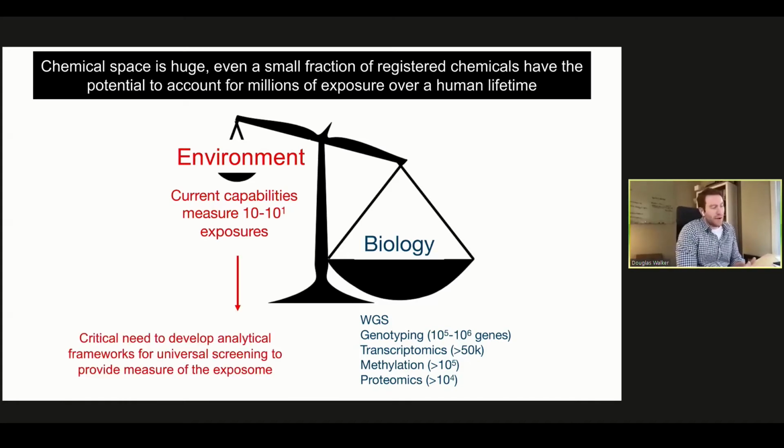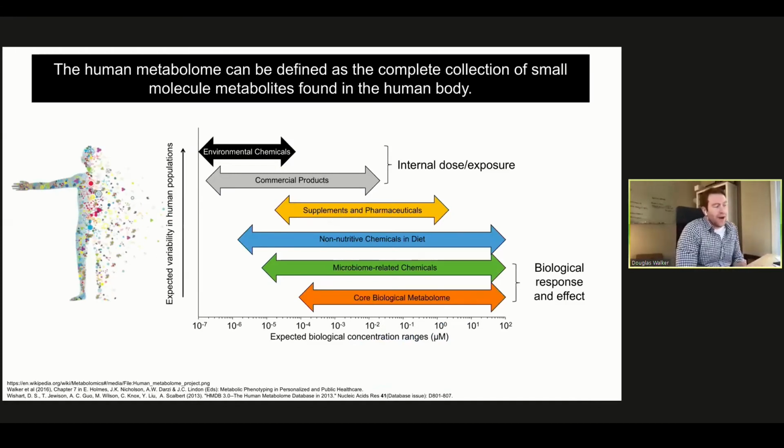And so because of this, there's a critical need for us to develop analytical frameworks that allow us to perform universal screening of the human exposome. The way that this has been approached in both my laboratory and many others that are trying to develop new methods for measuring the human exposome is through developing analytical strategies that allow us to characterize the human metabolome.